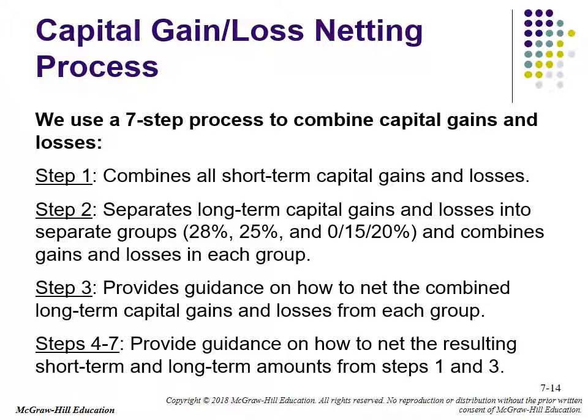In step 6, if there's no short-term capital gain or loss from step 1, the netting process is complete. You either have a tax on the long-term capital gain remaining in each group at their respective tax rates.